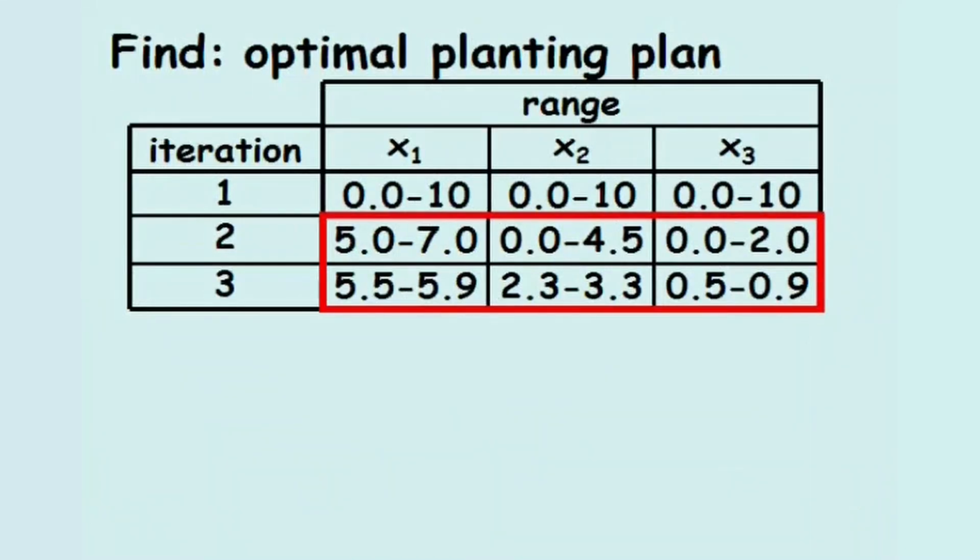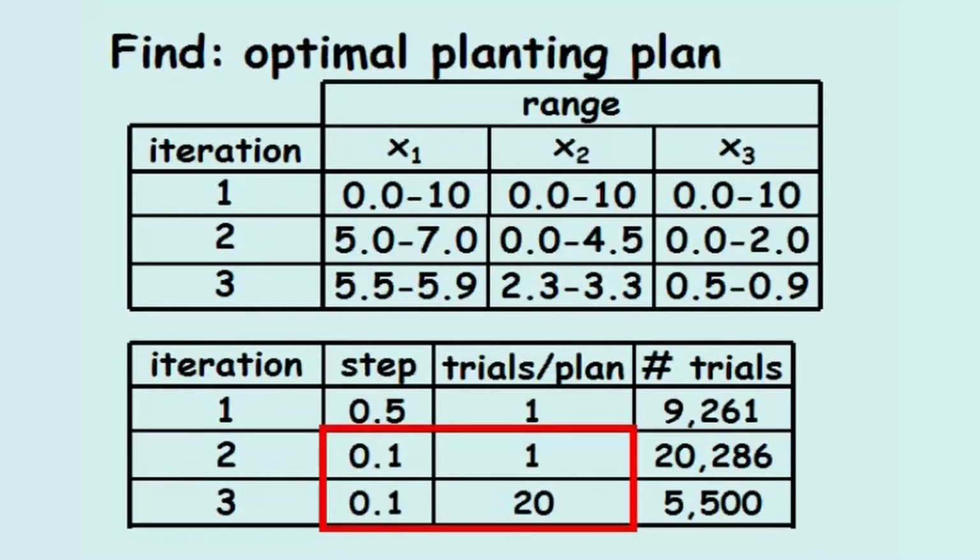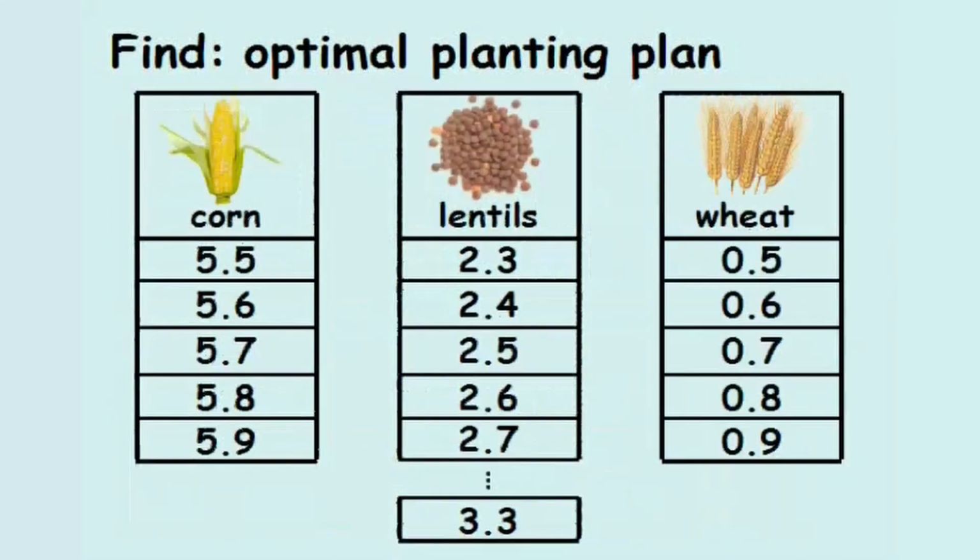In a third iteration, the range narrows even further. If we again use a step size of 0.1 acres, but simulate 20 trials for every planting plan, we can find the optimal planting plan by averaging the profit of the 20 trials for each of the 275 planting plans in this iteration.